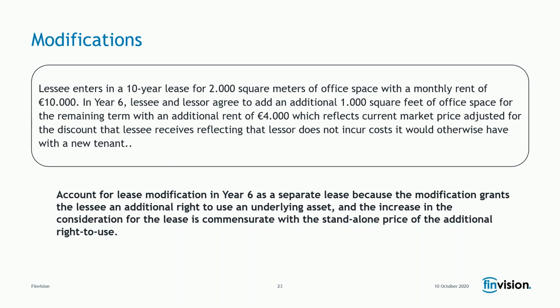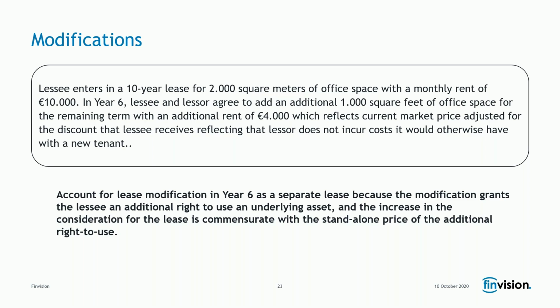So it's the beginning of year 6, with 4 years to go, and I will pay an additional rent of 4,000 euro. This rent reflects the current market price adjusted for the discount the lessee receives, because it costs the lessor less to lease to an existing lessee than to a new third party. They don't need to do marketing or pay fees to a broker, for example.